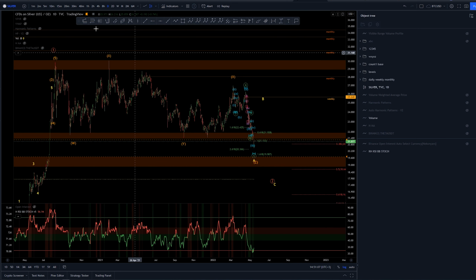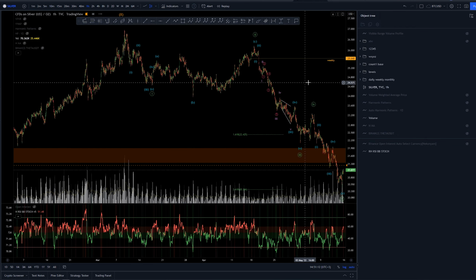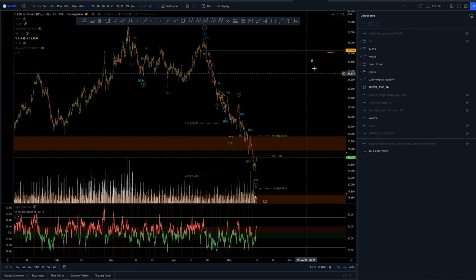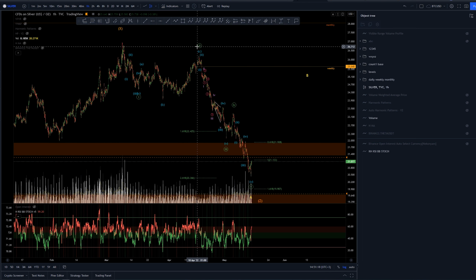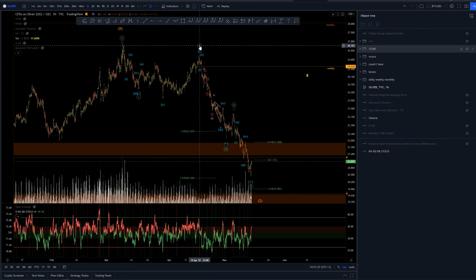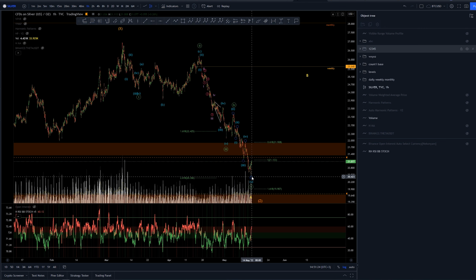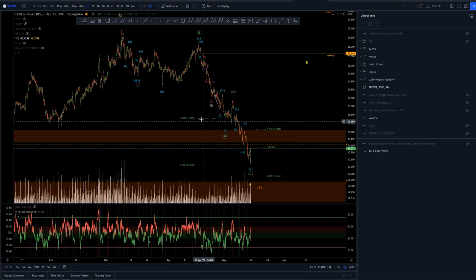Let's go over the first idea here. So again, this is saying that we have 1 here, 2 here, and then 3, 4 and 5. Wave 3 has gone above the 1.618, which is the expected extension for this.